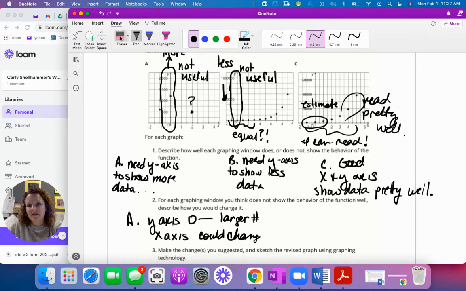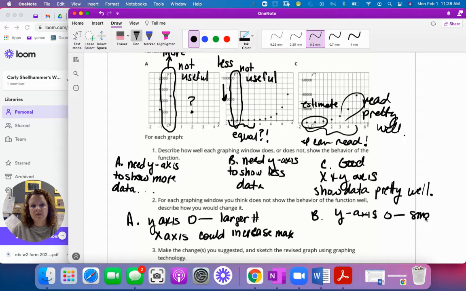You could increase the maximum if you wanted to. With B, you want the y-axis to go from 0 to a much smaller number. And the x-axis, I think, is good.